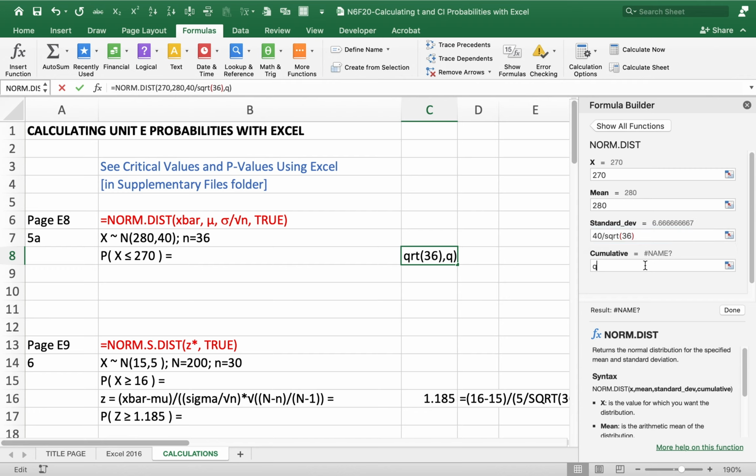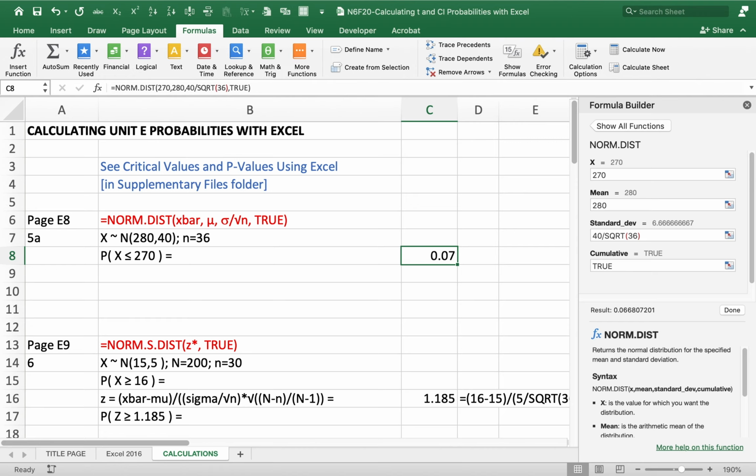And then the cumulative argument is the word true. With the norm functions and the t functions, we're always going to be using true. It was only with the binom dist functions that we sometimes used true, sometimes used false, but we'll always be using true from this point on. So this is what we get for an answer. It's 0.07.